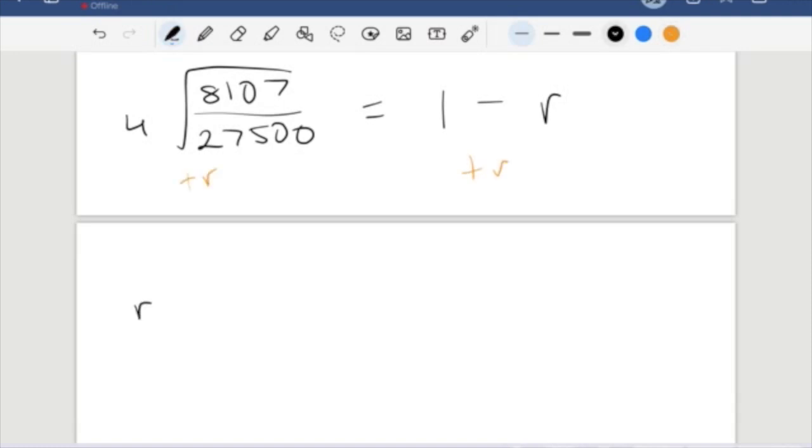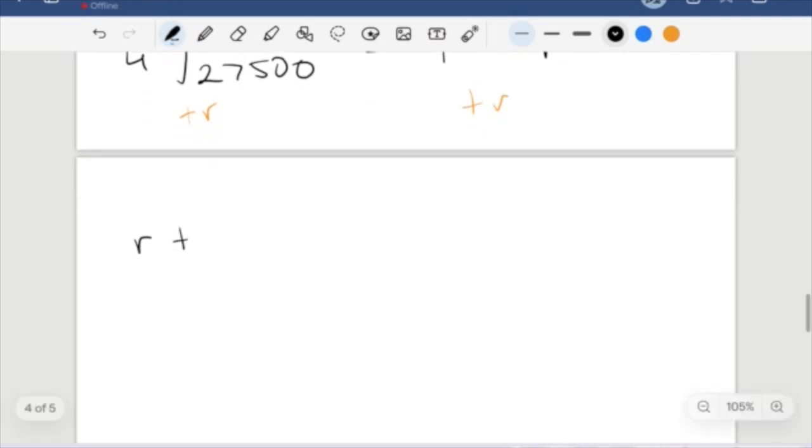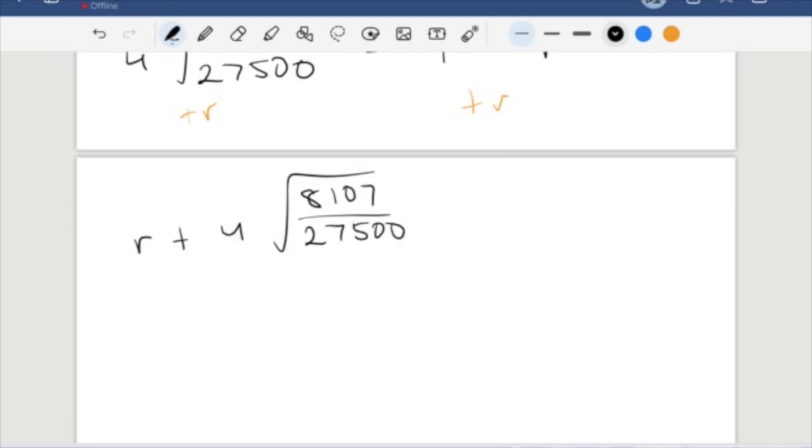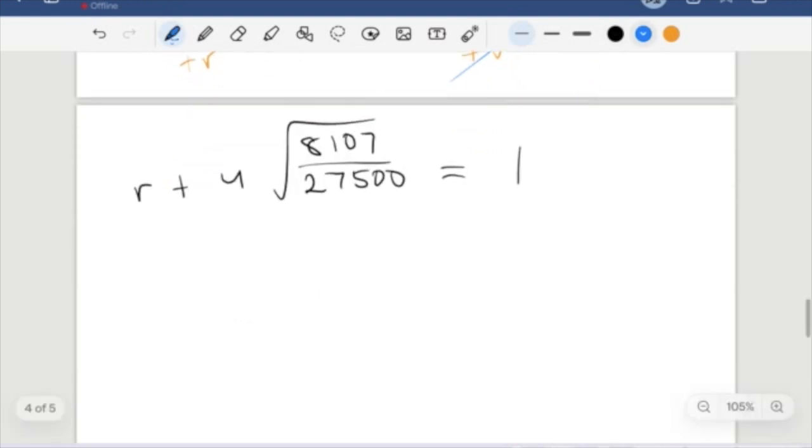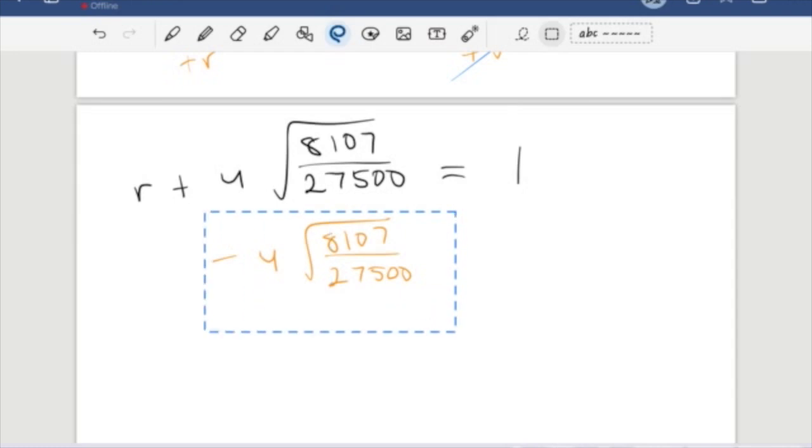So I get r plus the fourth root of 8,107 over this. That equals 1 because I've cancelled my r here. And then to make r the subject, I just want to subtract the fourth root of this whole thing. Let's just copy paste that because I can't be bothered writing that out.